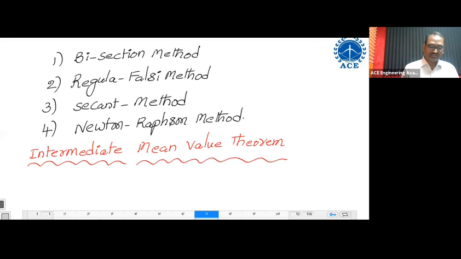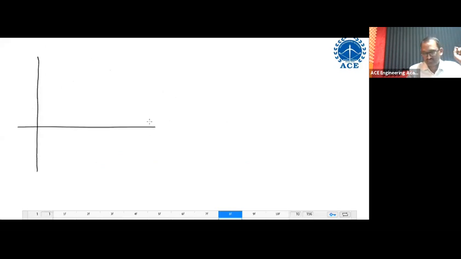Before going to discuss that, first you draw these diagrams. Once you draw these diagrams, you'll get clarity regarding the theorem. This is y is equal to f of x.